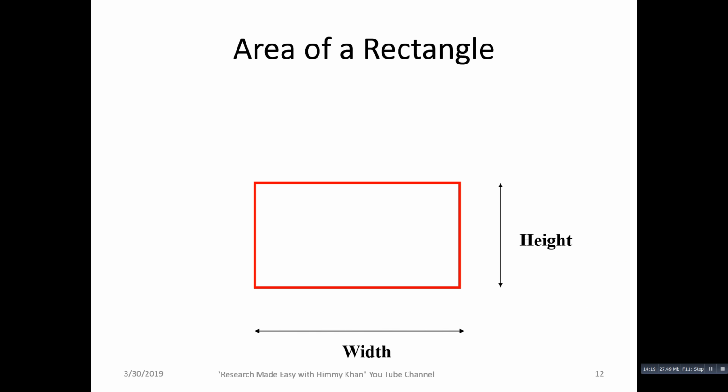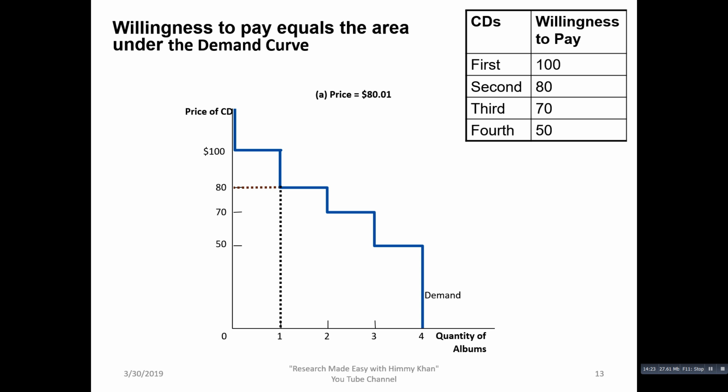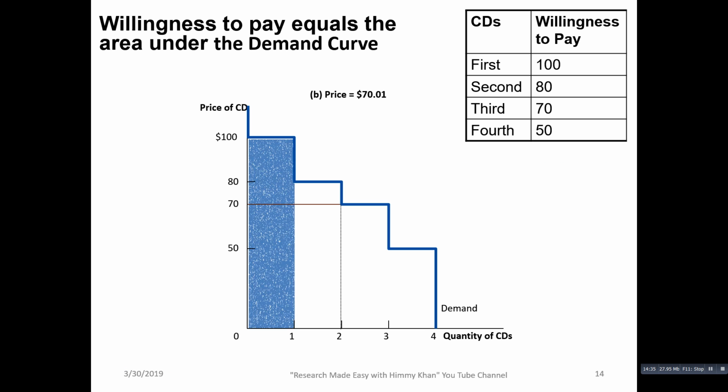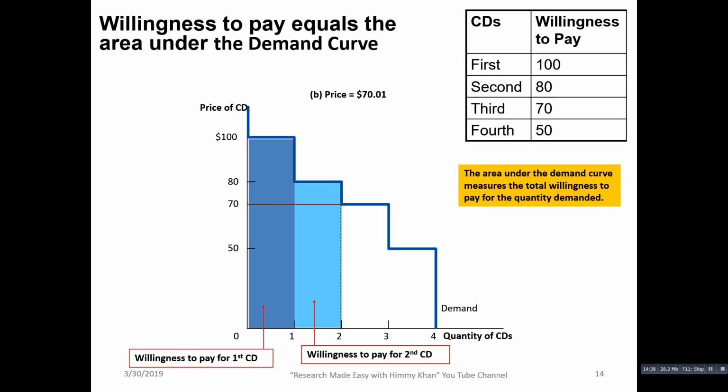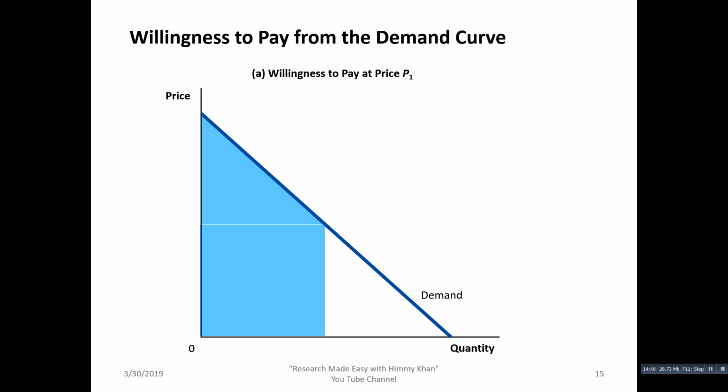So we can use that principle to measure willingness to pay, and that is equal to the area under the demand curve. So if you see, we can sum up all these areas of willingness to pay, and then we can differentiate between the total payment, consumer surplus, and total willingness to pay.